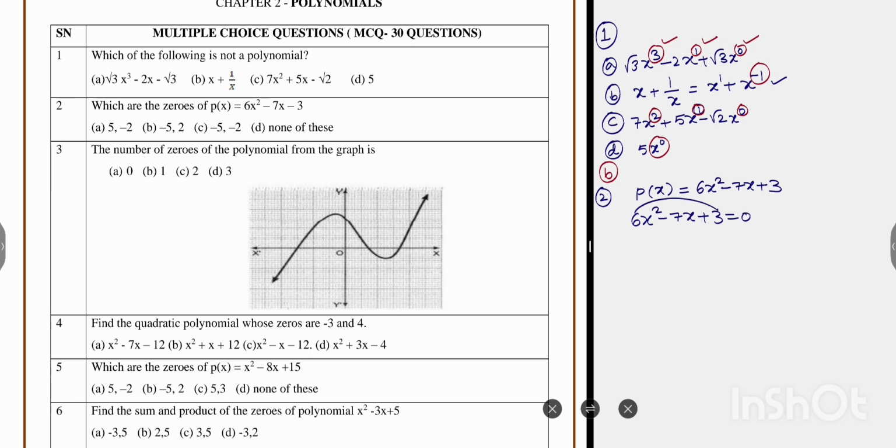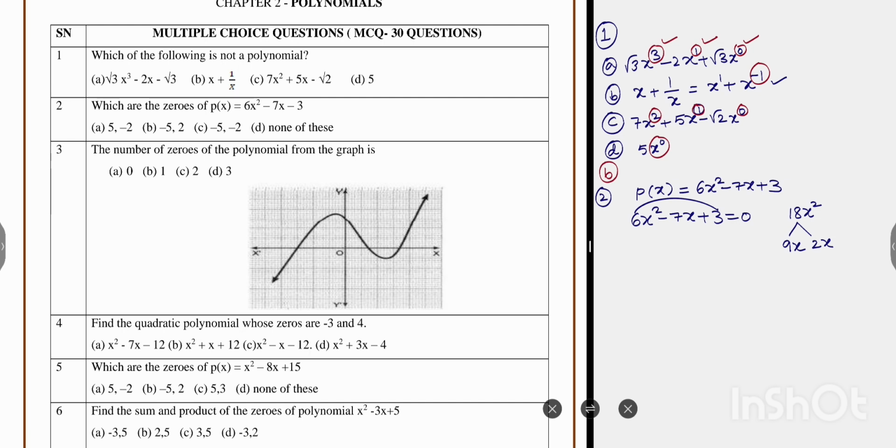Then we multiply coefficient of x square and the constant, we get 6 into 3 is 18. So it is 18x square we get. Now we have to split this 7x such that the sum of factors of 18x square is minus 7x. So what we get here, factors of 18, we can take 9 and 2, 9x and 2x.